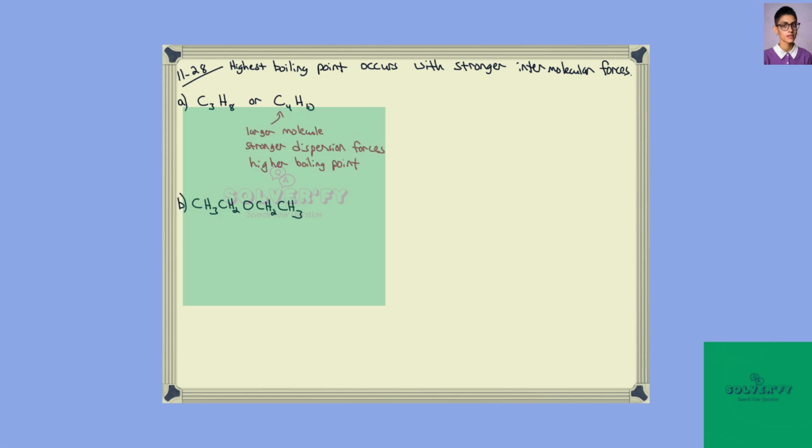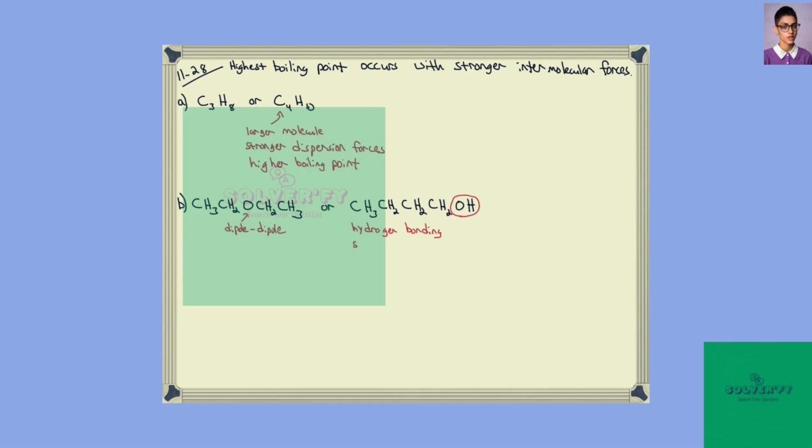The next set of two molecules is diethyl ether and butanol. So these are mostly hydrocarbons also. This oxygen can allow for dipole-dipole interactions to occur, and this OH can allow for hydrogen bonding to occur. Typically, when we compare the strength of hydrogen bonding and dipole-dipole, hydrogen bonding is usually much stronger.